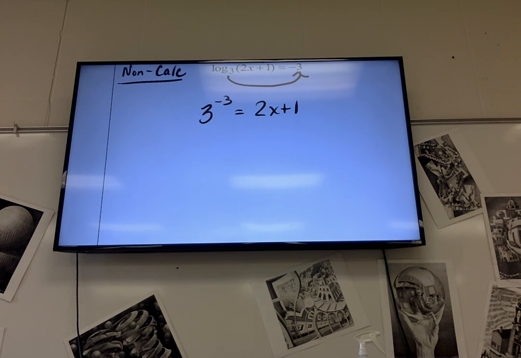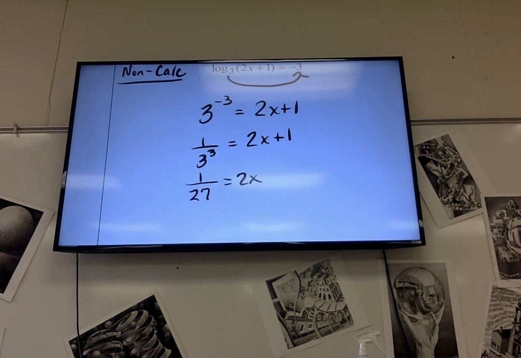So instead of 3 over 1, it's now 1 over 3 cubed. What's 3 cubed? 27, yeah. 3 times 3 times 3. We all want to say 9. But it's 3 times 3 times 3, so it's 1 over 27.